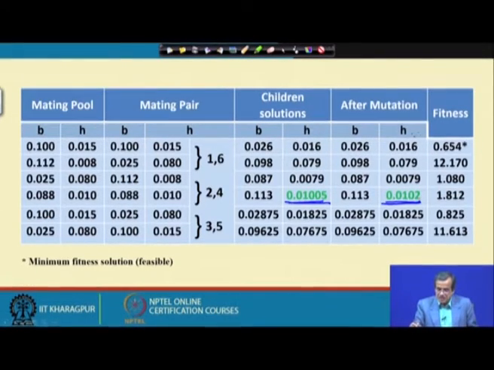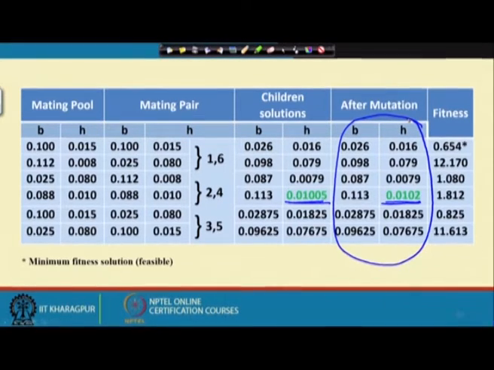So, after the mutation, this is the scenario of the whole population, and corresponding to this B and H, I am just going to calculate the values of the fitness. The fitness is found to be 0.654 corresponding to this second set of B and H. So, this is the fitness, for the third set this is the fitness, fourth one this is the fitness, fifth one this is the fitness, and the sixth one this is the fitness.